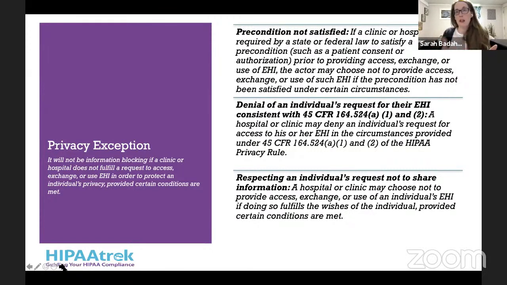And so the minor has the right to actually authorize or consent for that release. That is a state law that would also fall underneath this. So if your state requires specific regulations underneath mental health records, then you can require an authorization for the mental health records as well. So that is the privacy exception.